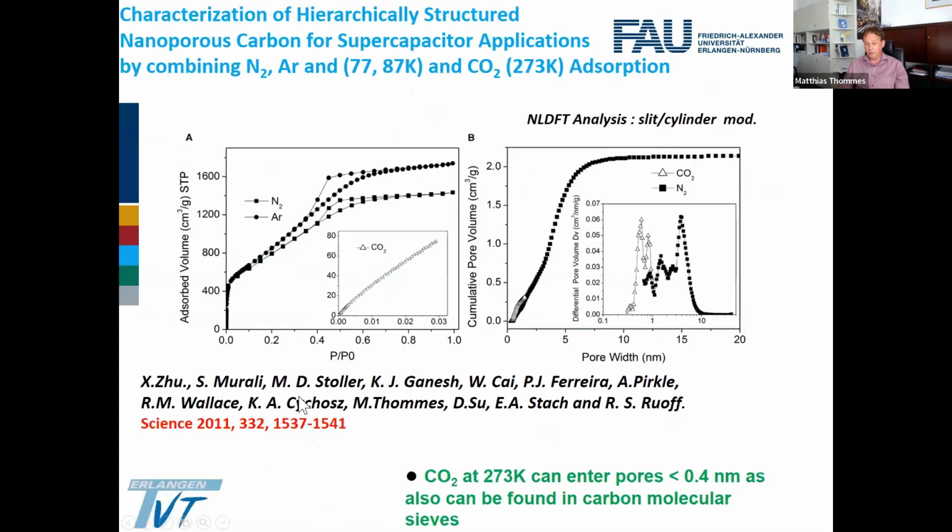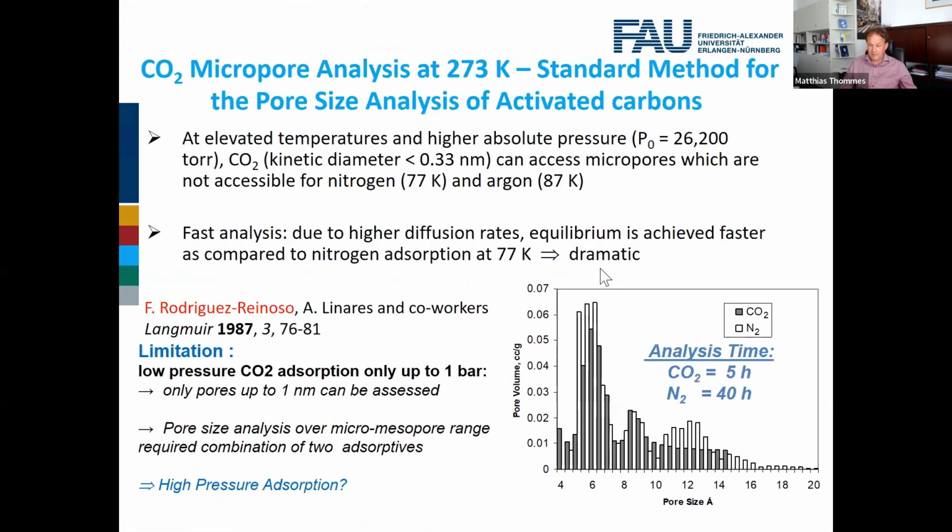And this is why you have to combine pore size distributions from different fluids, here CO2 and nitrogen. So recently, Alex Neimark's group and my group looked at the question: could we not measure the full isotherm of CO2 with a high pressure apparatus, and then analyze these data in order to obtain the full pore size distribution just from CO2?